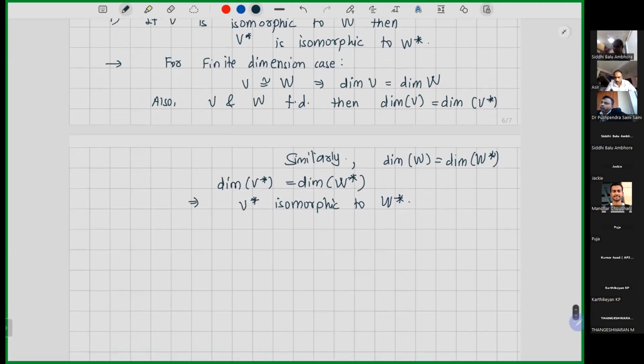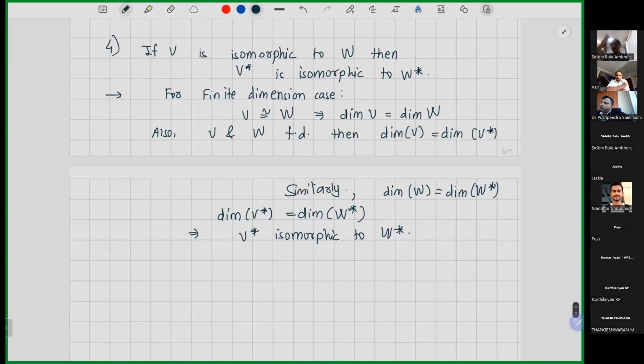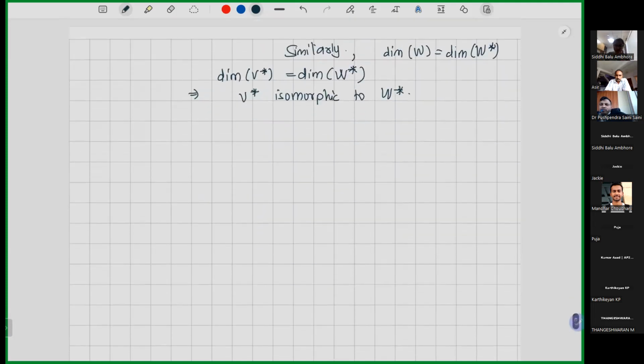But okay, so your argument is that V is isomorphic to W, but V star need not be isomorphic to W star. Then V star is not isomorphic to W star. That is not always true, right? Because I can have R3 isomorphic to P2(R).